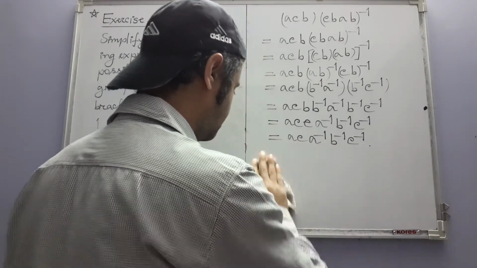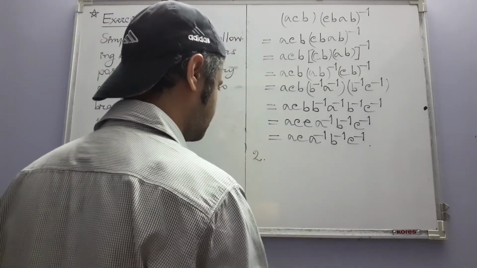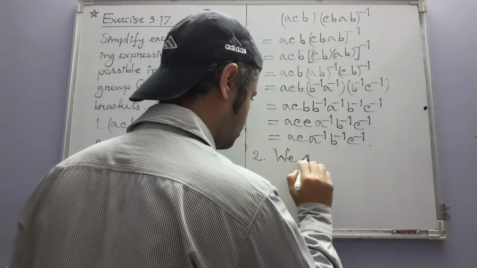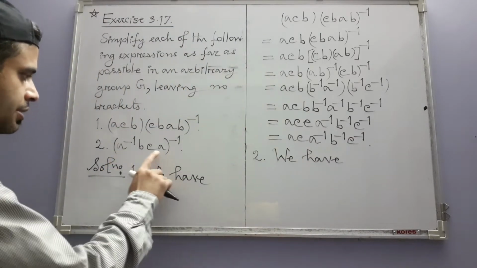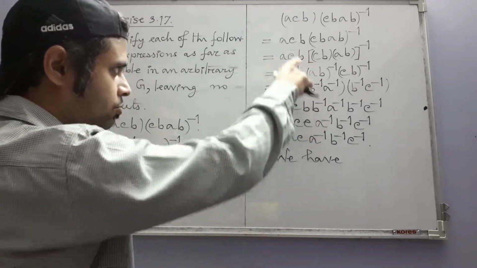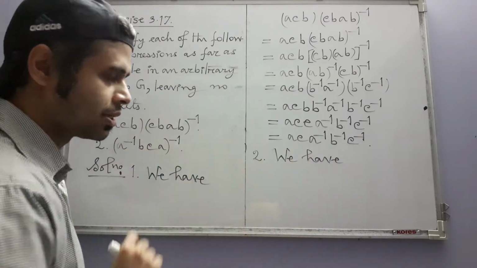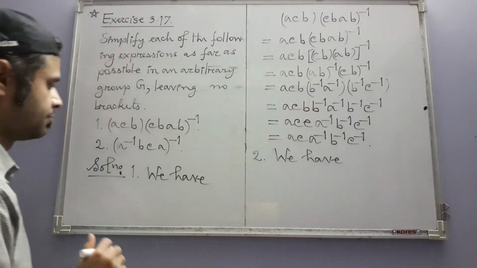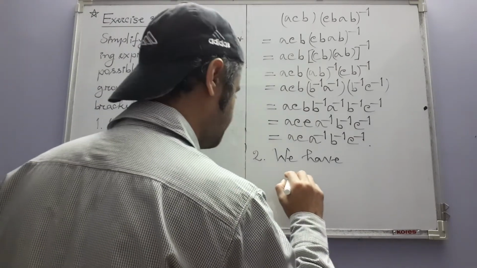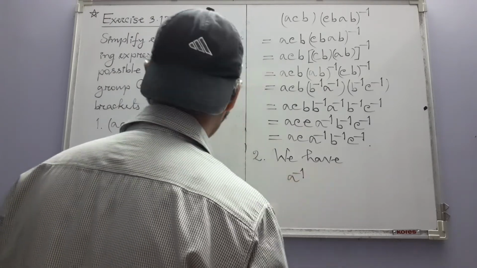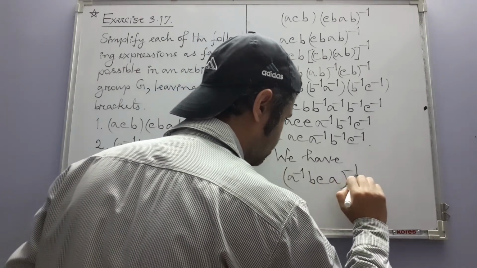Now like that, we calculate the second one. In the second one, this time we are not going to do this much calculation. We will directly use that observation which we have seen here to write the inverse of this, (A inverse BCA) whole inverse.